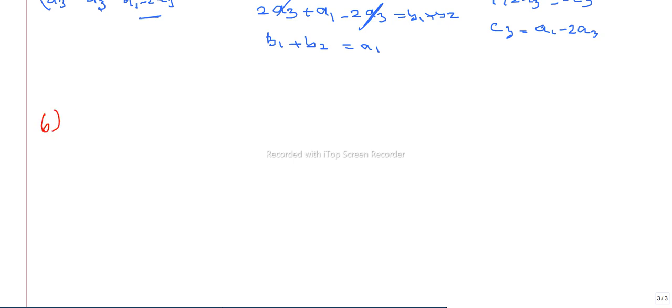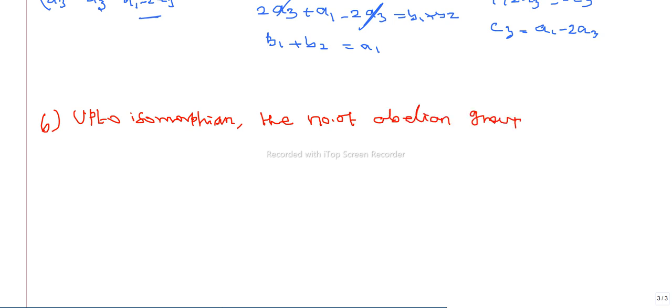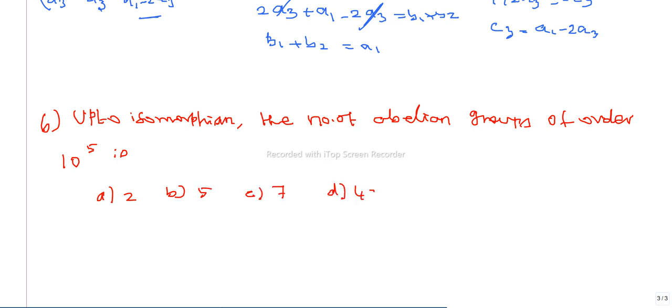Up to isomorphism, the number of abelian groups of order 10 power 5 is, so first option is 2, second option is 5, third option is 7, fourth option is 49.